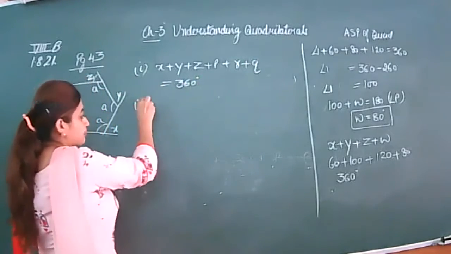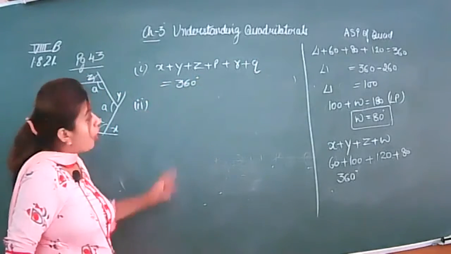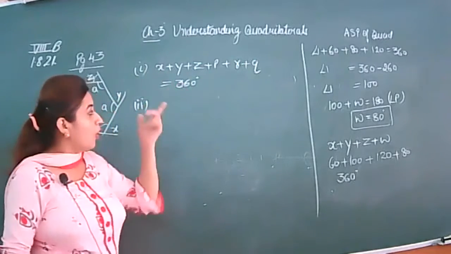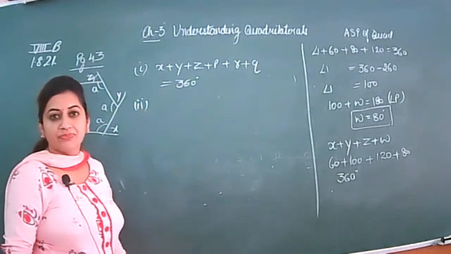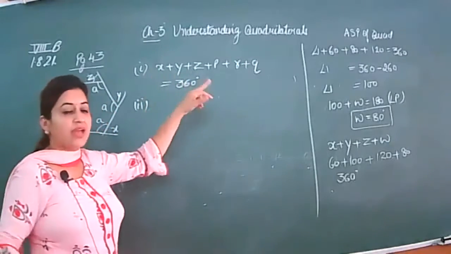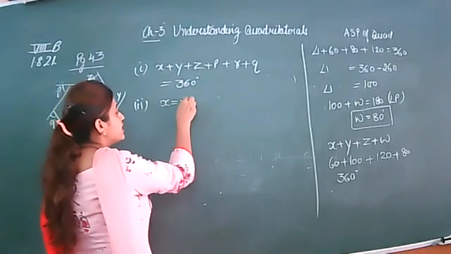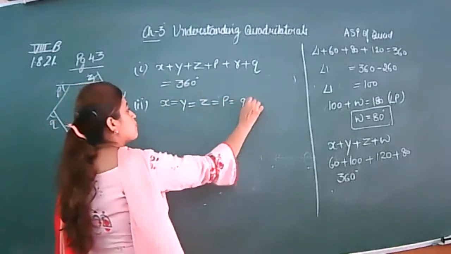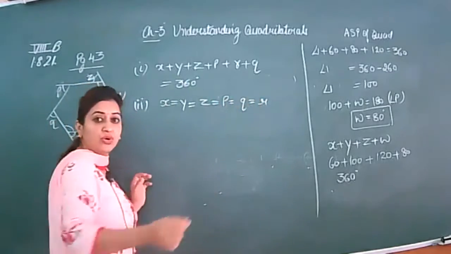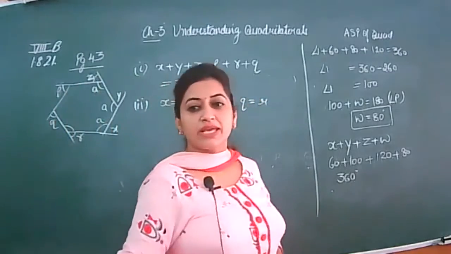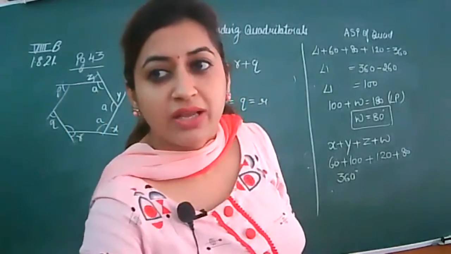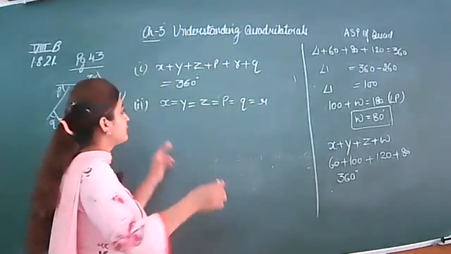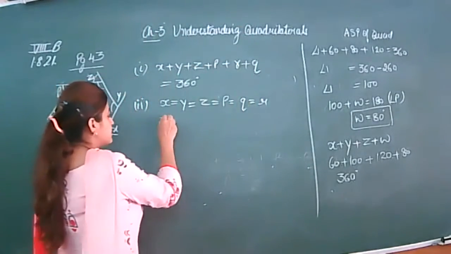Second part is, are all these angles equal? Why? x, y, z, all the angles are equal to one another. Why are they equal? Because the figure is a regular hexagon. So if the interior angles are equal, then the exterior angles will also be equal.